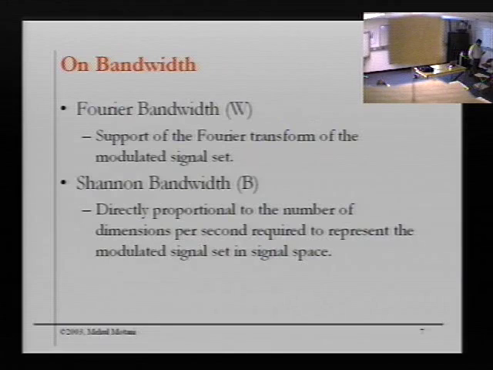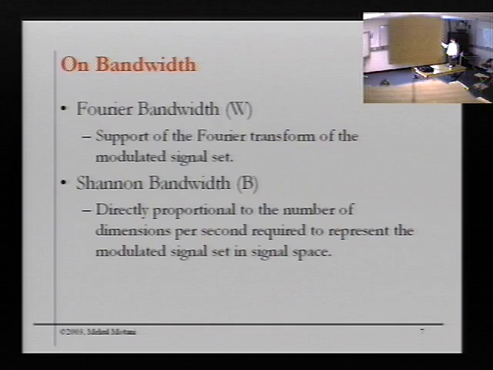Essentially, Massey's contribution was the realization that there are actually different types of bandwidth. The usual type of bandwidth that we know, he called the Fourier bandwidth, essentially the support of the Fourier transform of your signal set.